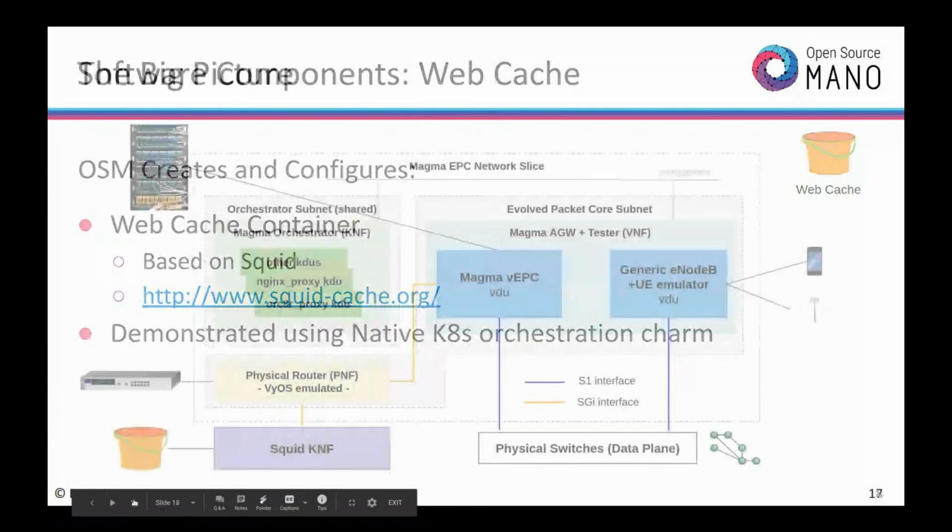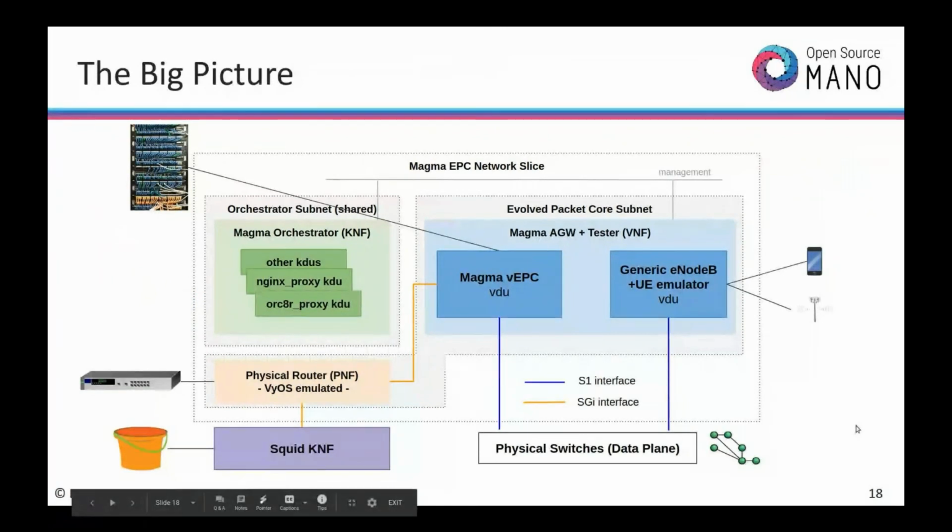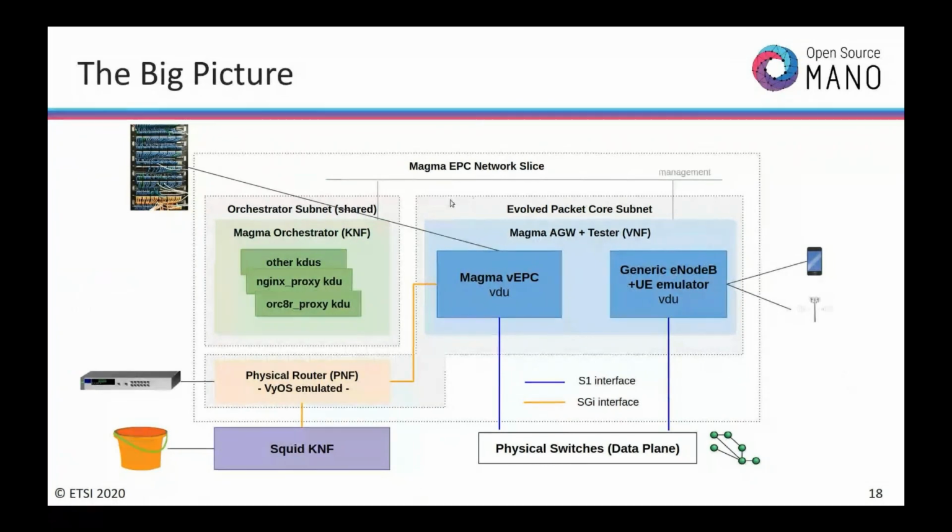So to go back, here is our big picture, putting it all together. This is what you're going to end up seeing. We're going to have our one subnet here, which is going to be for the evolved packet core. We're going to have an interface out to the physical router.